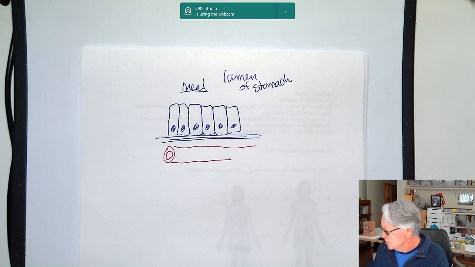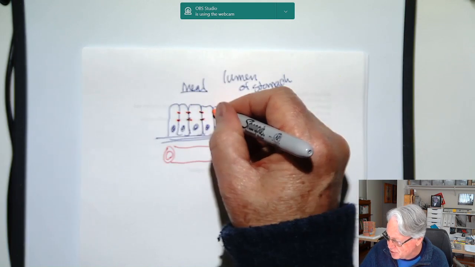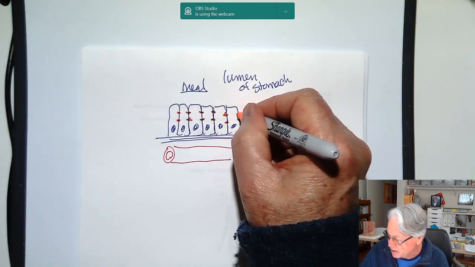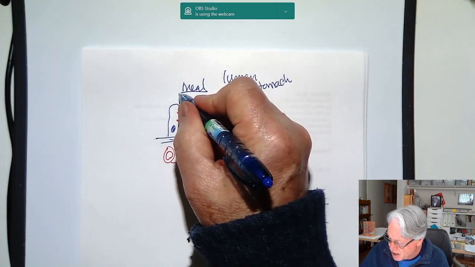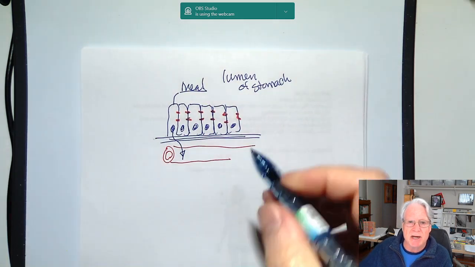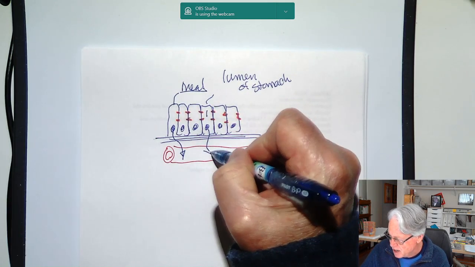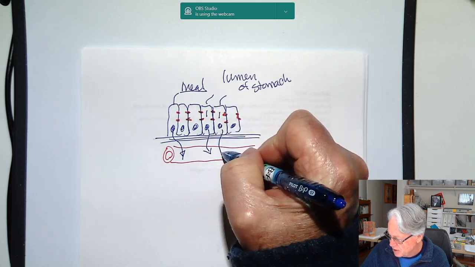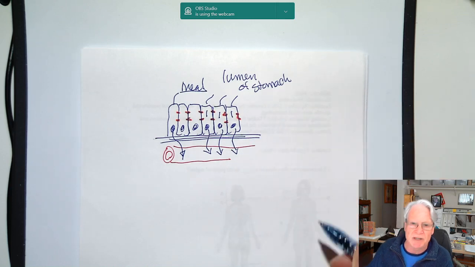So we want to know that there is nothing that's going to get into our body, that is into the circulatory system, that does not pass through a cell. We want the nutrients and the things that we are eating to pass through living cells in order to get into our body. And by passing through living cells, we're controlling that process.